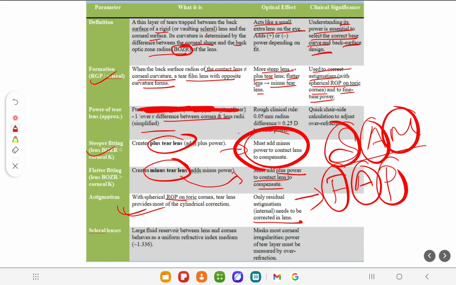It's very important. Lastly, in a scleral lens, the fluid reservoir between the lens and cornea behaves as a uniform refractive medium, masking most of the corneal irregularity, and the power of the tear layer must be measured over the refraction. Scleral lenses we are going to discuss a lot.